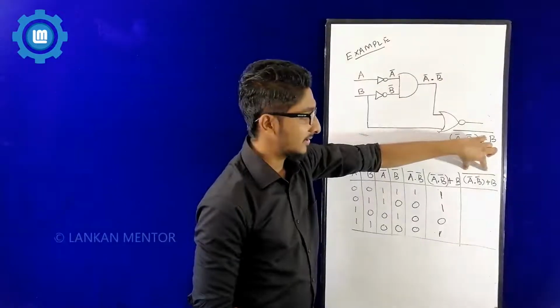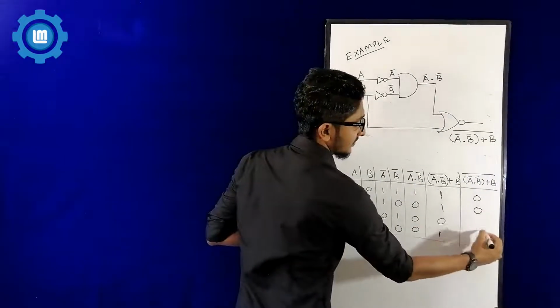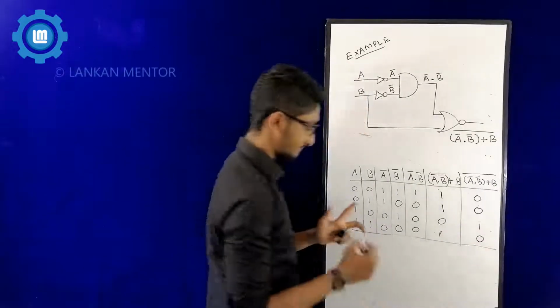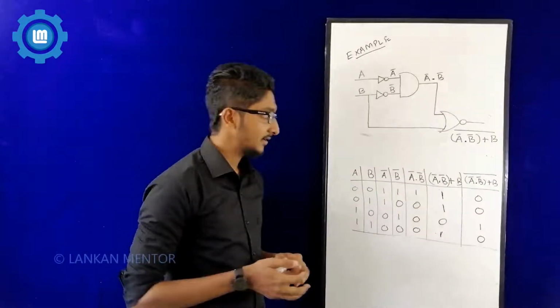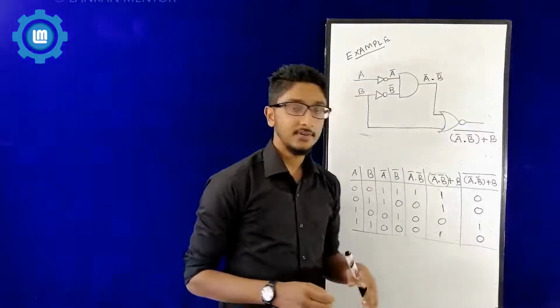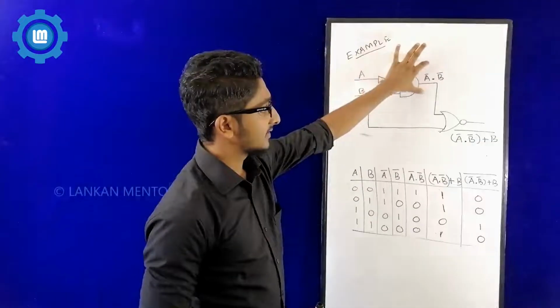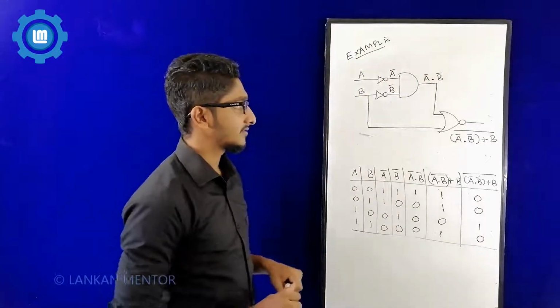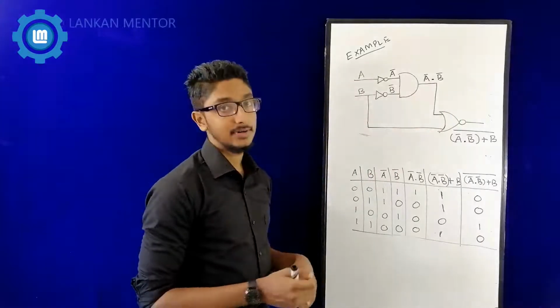So 0, 0, 1, 0. That is your final output. Right? Okay. So I hope you guys have understood this. Now here we write it separately. You see A bar dot B bar.